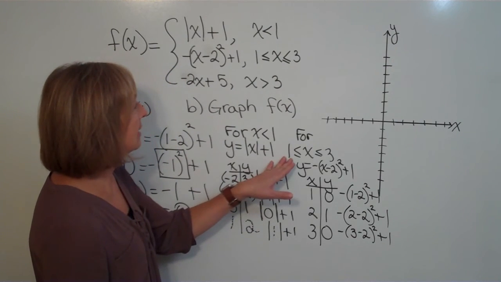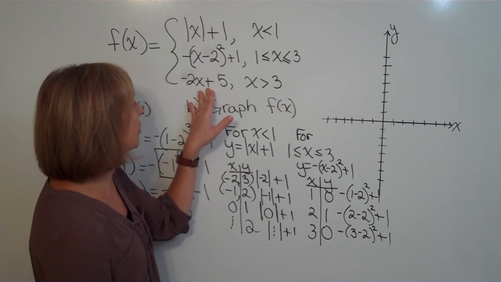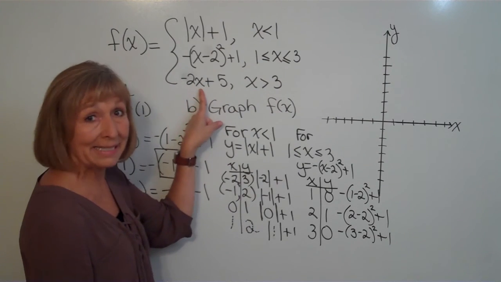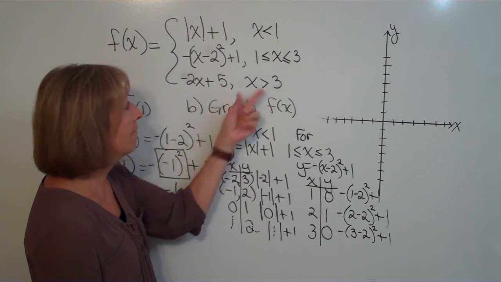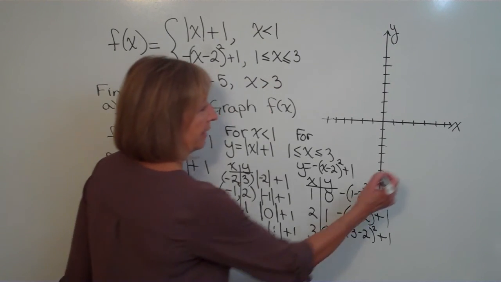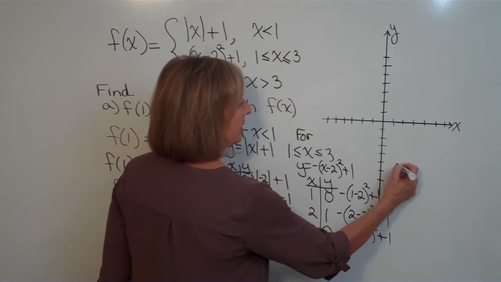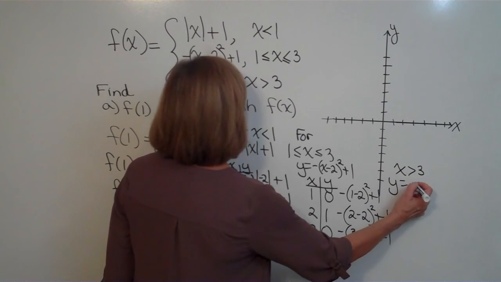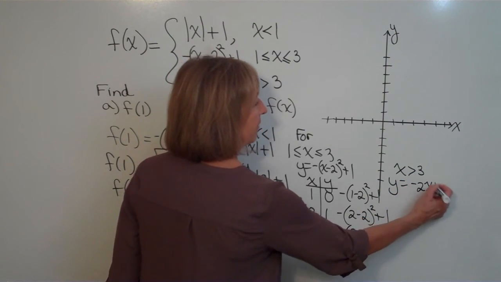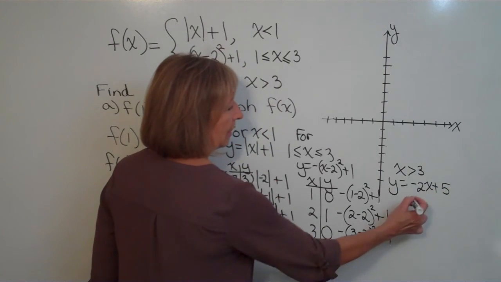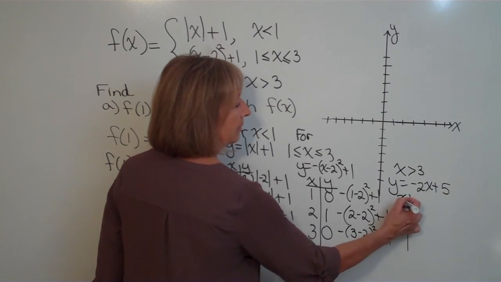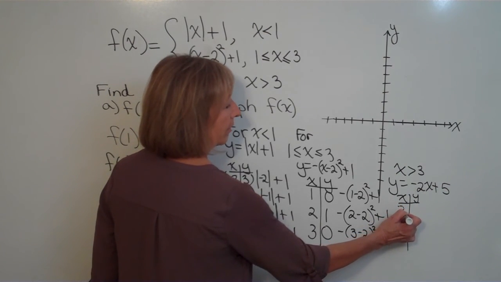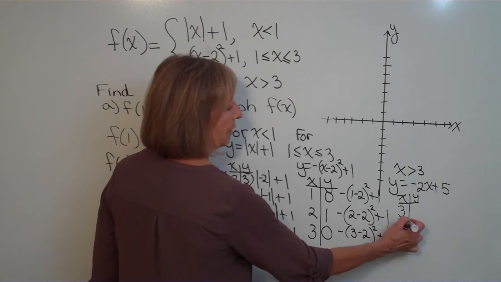And then lastly, we have our function f of x is equal to the piece negative 2x plus 5 for the x's that are bigger than 3. So for my x's that are greater than 3, my y is negative 2x plus 5. So when I make my table, I'm going to dash a 3 in there and then also put in 4.